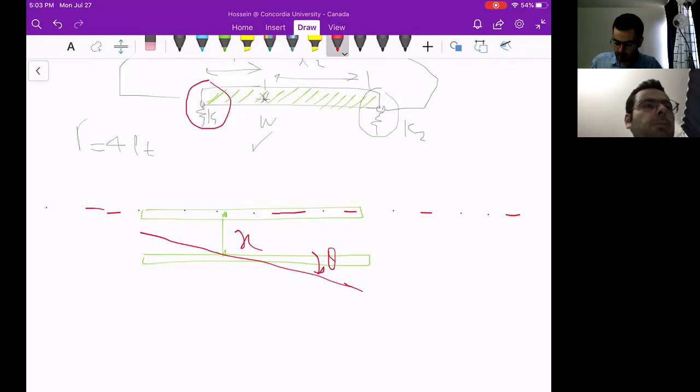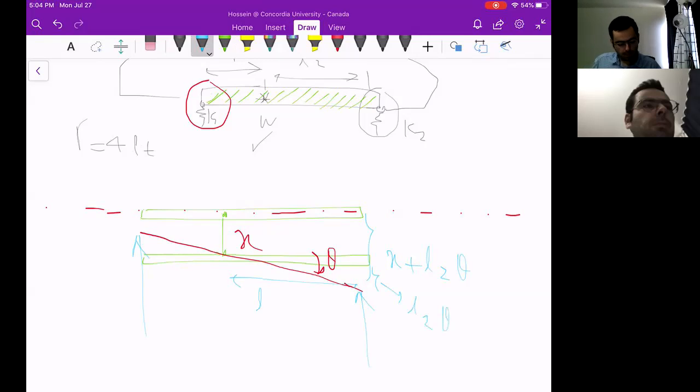The 2 springs will oppose the motion. The deformation of the right spring is X plus L2 theta, because this length is L2 theta.